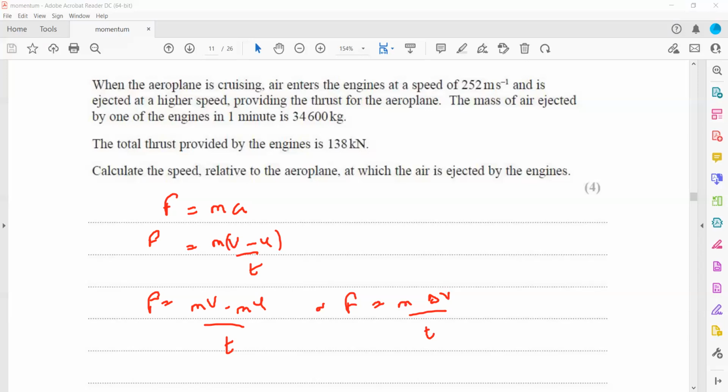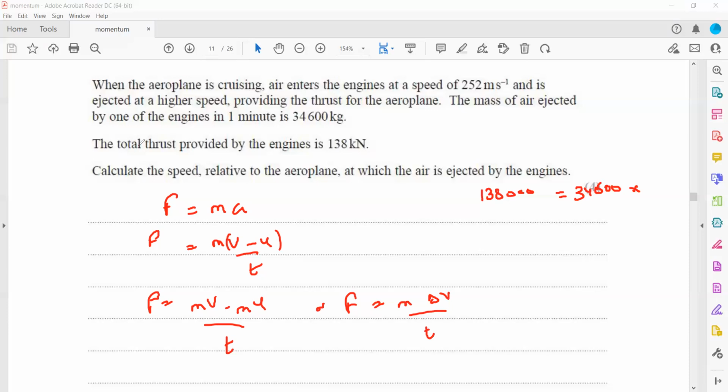So we have the force, which is 138 kilonewton, so it is equal to 138,000. The mass of the air which entered is 34,600, multiplied by, because this 34,600 is the amount of air which entered.